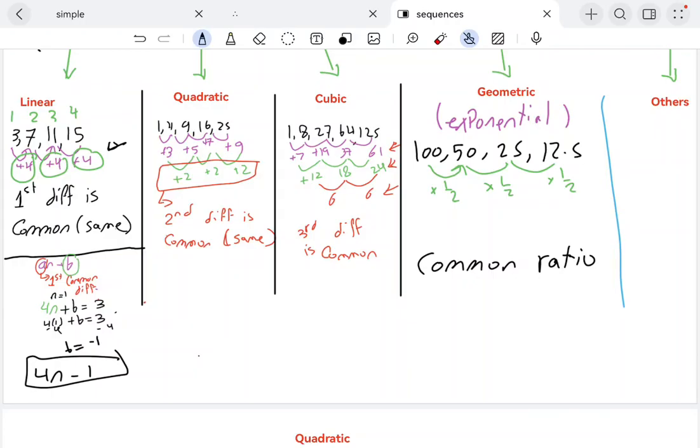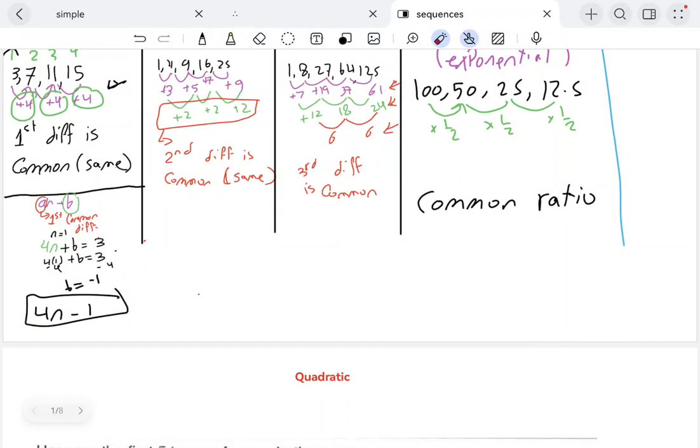But if you put n equal 1, it will be 4, not 3. If you put n equals 2, it should be 7, not 8, because 4 times 2 is 8. If you put n equals 3, it will be 12, not 11. So that means I need to subtract 1 every time. That's the nth term. Okay?